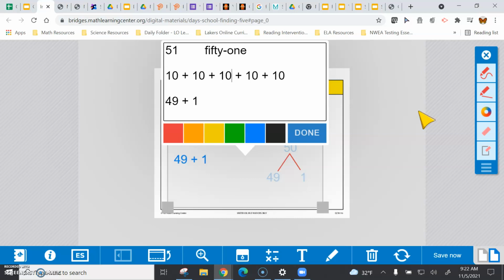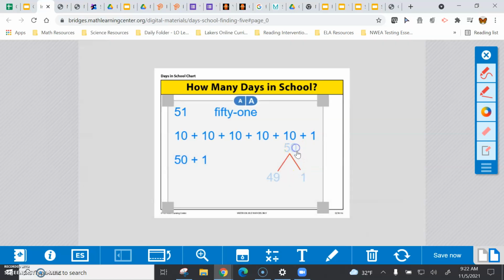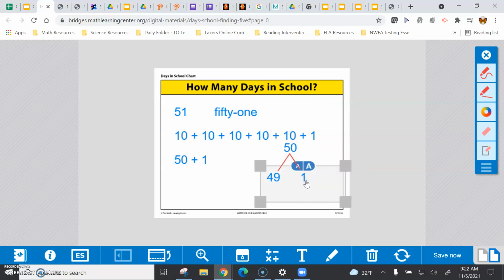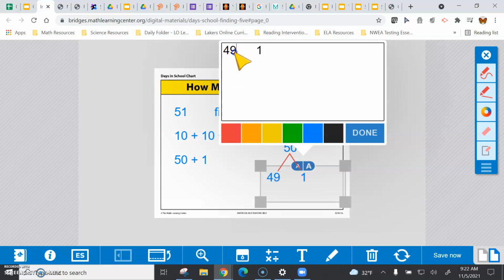And we have 10 plus 10 plus 10 plus 10 plus 10 plus 1. Now I can make it 50 plus 1 on here to make 51. We will change then our information that is here, and we'll make that number 50 plus 1.